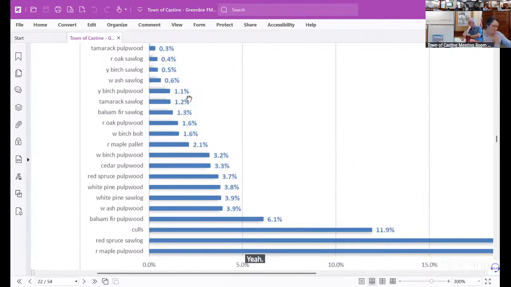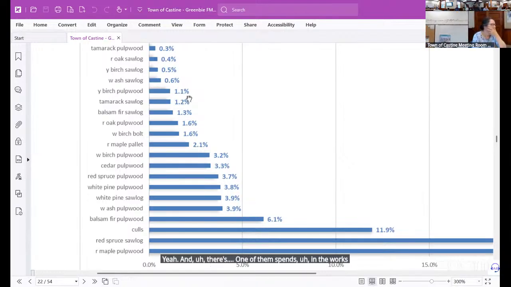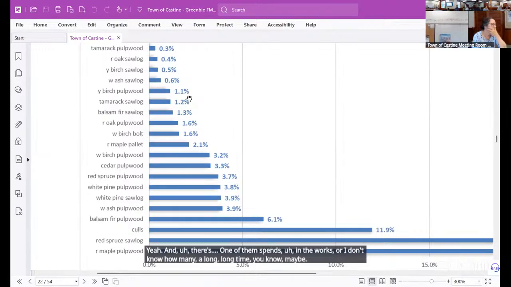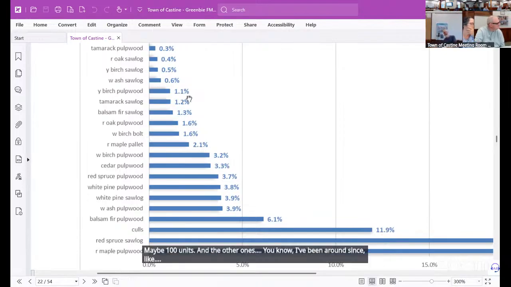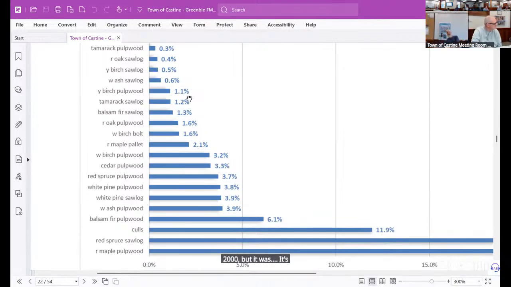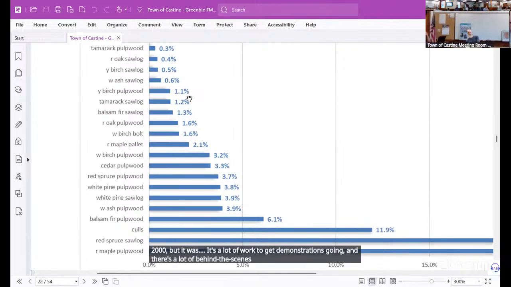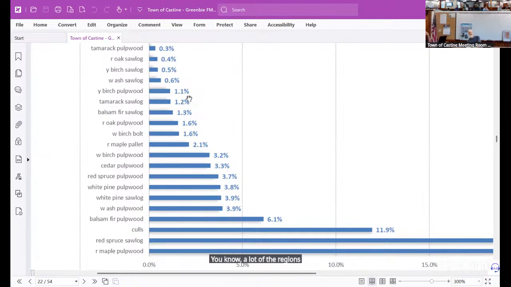One has been in the works for a long time, maybe 100 years, and the other has been around since about 2000, but it's a lot of work to get demonstrations going. There's a lot of behind the scenes work: a lot of the regions planted, the competitive vegetation sprayed out or removed. You need to be in there a lot with a lot of people.